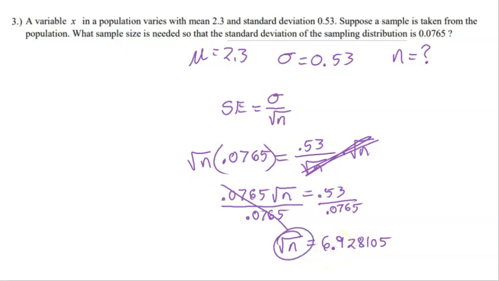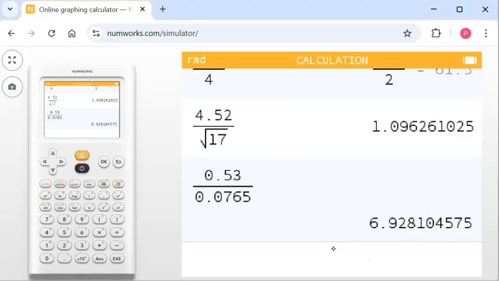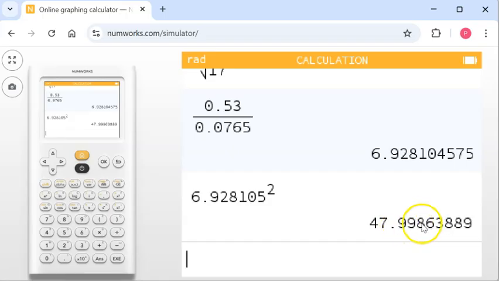Now, this is the square root of n. I don't want the square root of n, I want n. So what I need to do is square here, and that means I have to square here. Squaring here will cancel the radical and leave me with just n. Okay, so now I just have n is equal to, I'm going to take this number and square it. 6.928105 squared gives me 47.998.